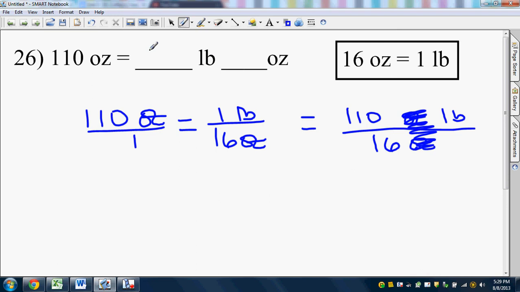Well, we don't want to give this as a decimal, right? So we know it's going to be 6 pounds. Well, 6 times 16 is 96. So this is really just 96 ounces, right? Well, that still leaves the 14 ounces. So 6 pounds, 14 ounces is equal to 110 ounces.